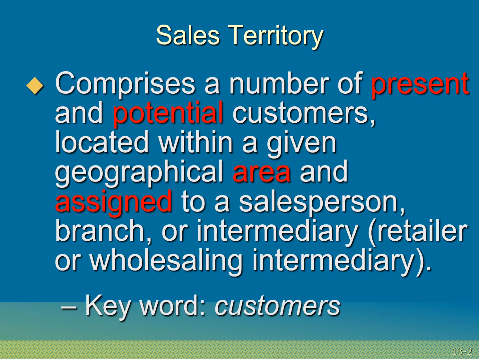Okay, the key word here is customers, basically a number of customers, right? Present and potential customers located within a given geographical area. That's why it's a territory, assigned to an individual salesperson or a division, a group, or branch, or intermediary.